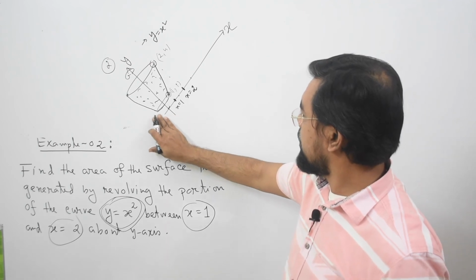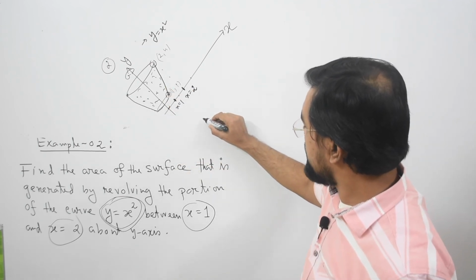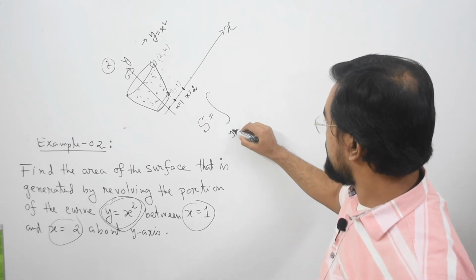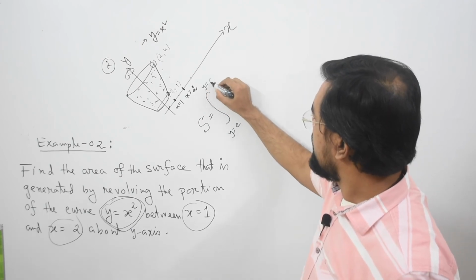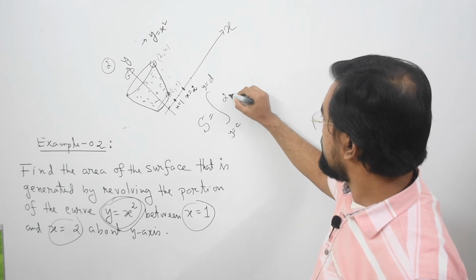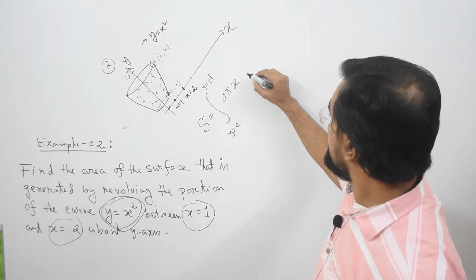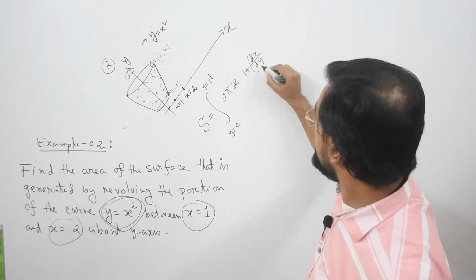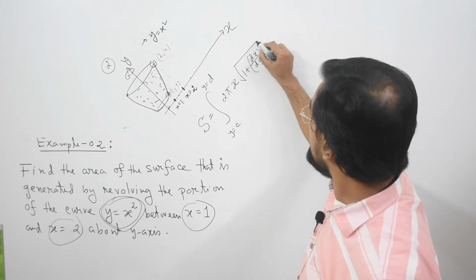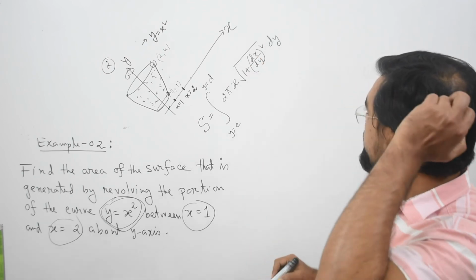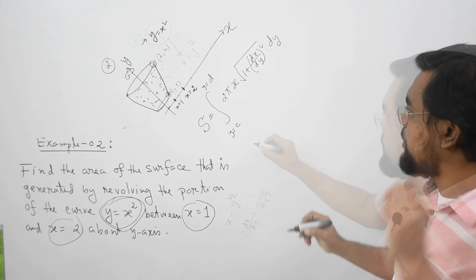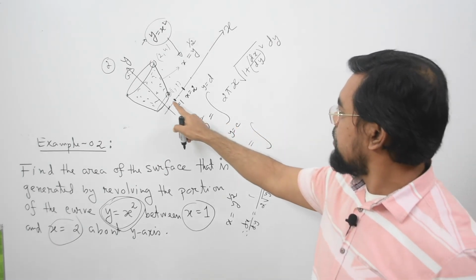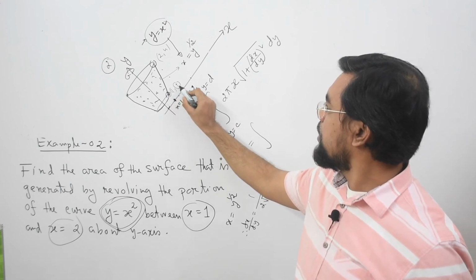So here our formula will be the second one, the surface area S equals the integral of 2 pi x times the square root of 1 plus (dx by dy) whole squared, dy. So this equals, y starts at 1 and ends at 4.